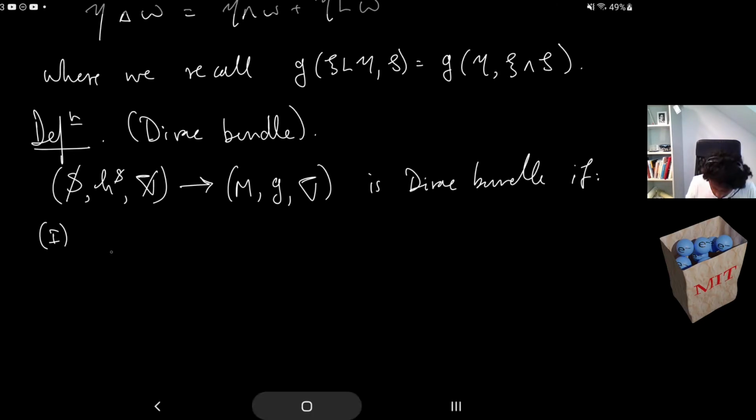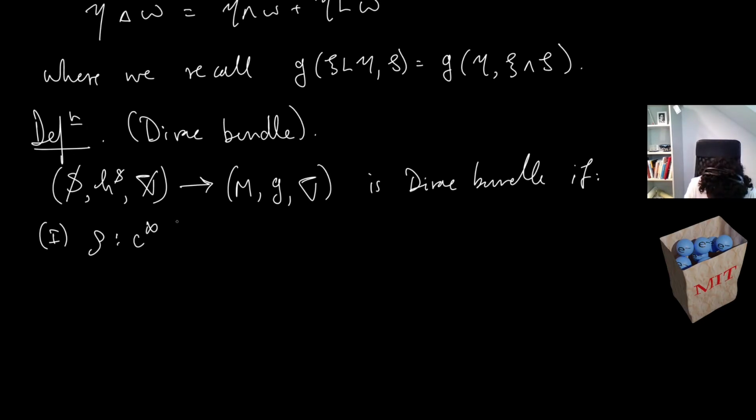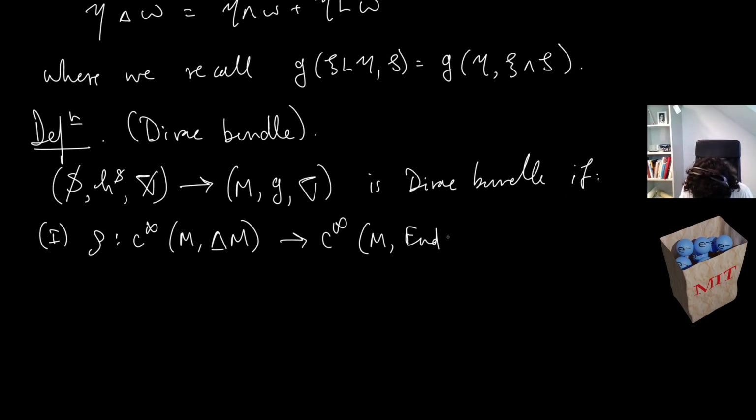So we have a rho that takes us from smooth maps into the Clifford algebra to endomorphisms over this bundle. This is an algebra homomorphism.